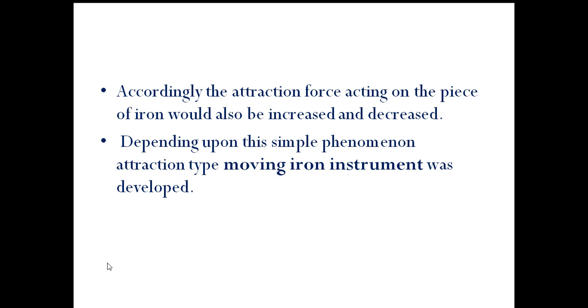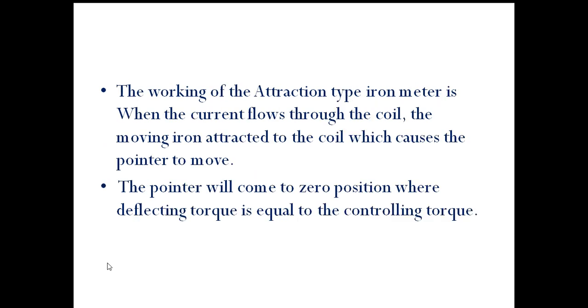The working of the attraction type iron instrument is that when the current flows through the coil, the moving iron is attracted to the coil, which causes the pointer to move. The pointer will come to rest where the deflecting torque is equal to the controlling torque.